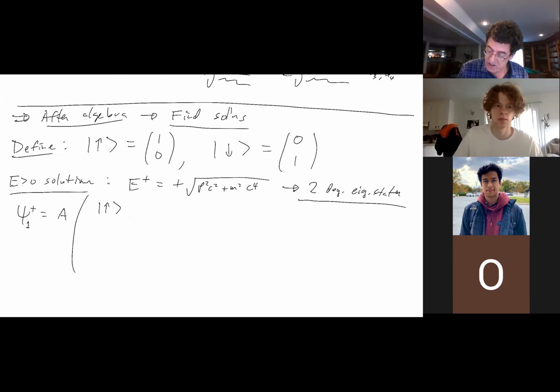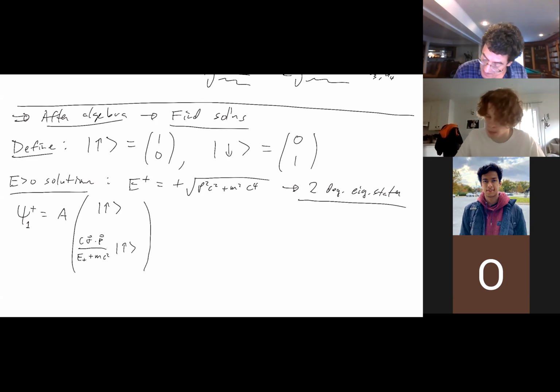So 2 of the dimensions are just going to be that simple 1, 0. But then the other 2 dimensions are a little bit more complicated. I'm going to have C sigma dot P over E plus MC squared, and this is a very compact notation, times up.